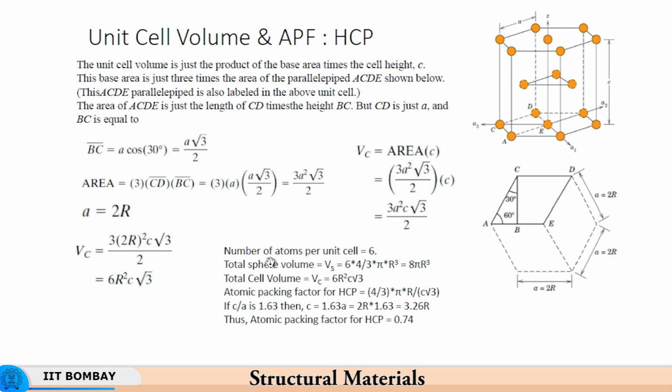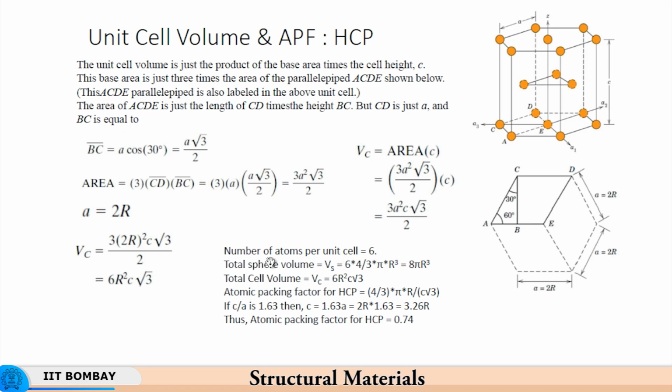BC is a root 3 by 2, and CD is equal to a. So 3a square root 3 by 2 is the area of this base. So now if you substitute for a as 2r, the total volume will be 6r square c into root 3.